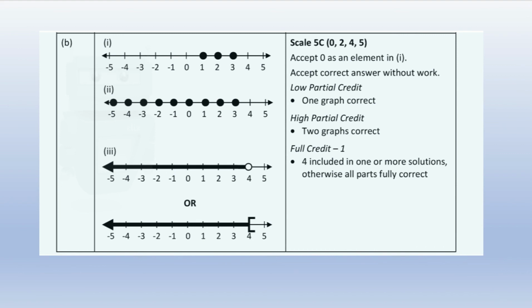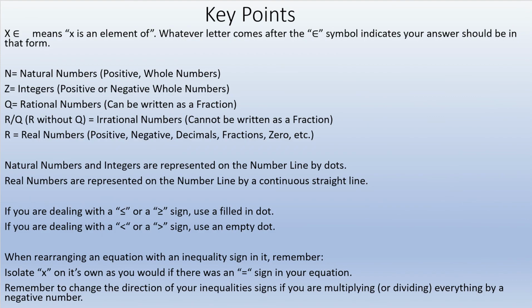Okay, that's basically all I wanted to go through today. We had a good look at number lines and the different types of numbers and representing things on the number line, including your inequalities. We also solved an inequality question. Your key points are here as follows. Again, they're going to be in the description below.